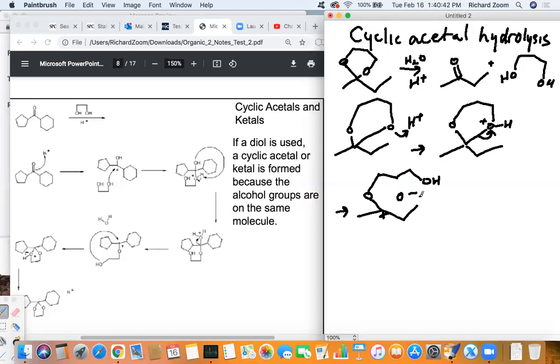And then the H2O can come in and attacks the C plus, which leaves a positive charge now on that oxygen that's part of the water. And the rest of it hasn't changed.